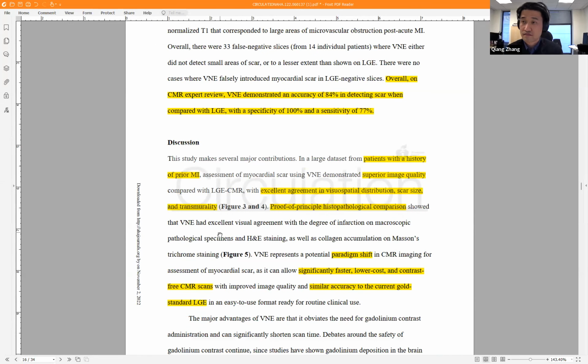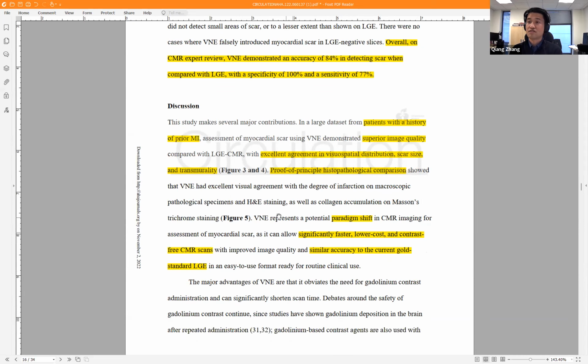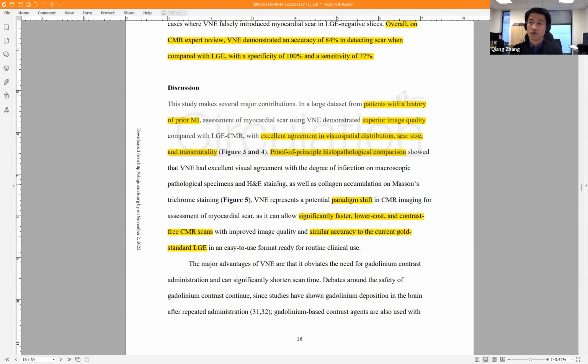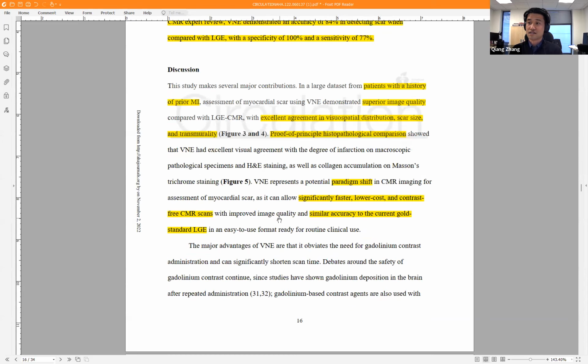So in the discussion, this study has several major contributions. In the data set from patients with a history of prior myocardial infarction, VNE demonstrated a superior image quality compared with the conventional LGE, and with excellent agreement in visual spatial distribution, scar size, and transmurality. We also have the proof of principle histopathology comparison, which shows a good agreement between the VNE and the histology.